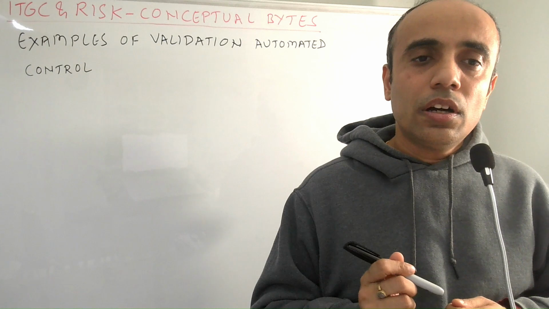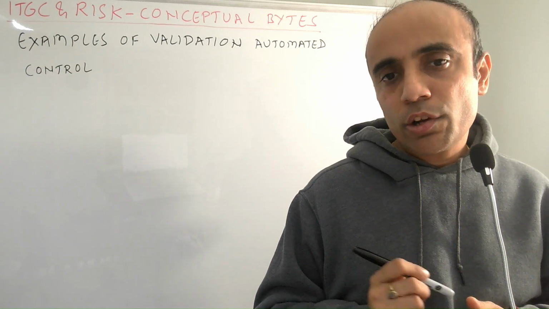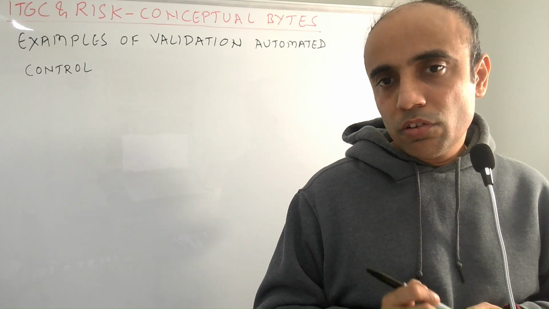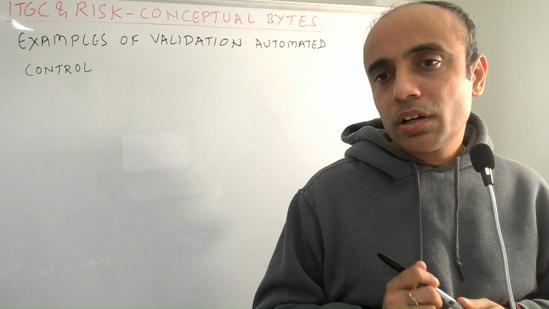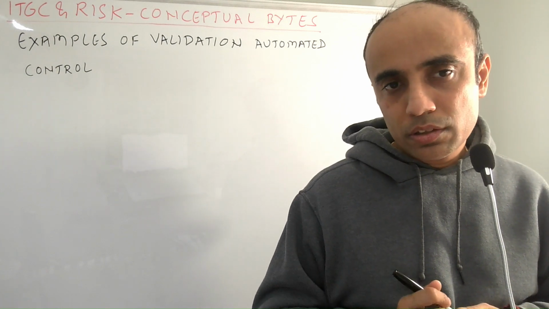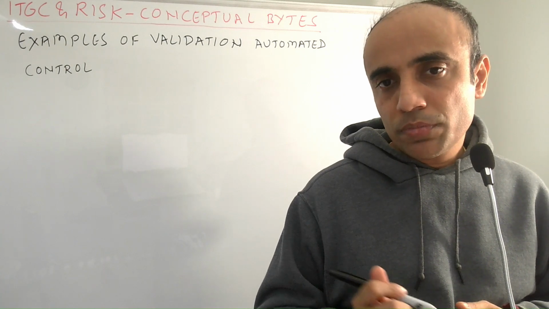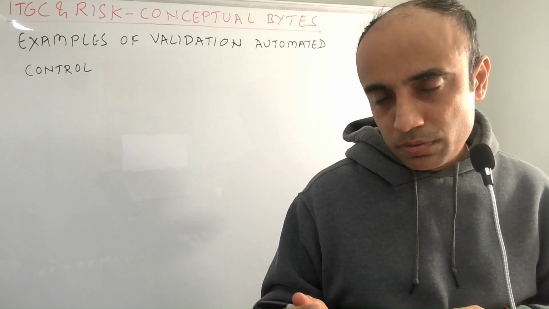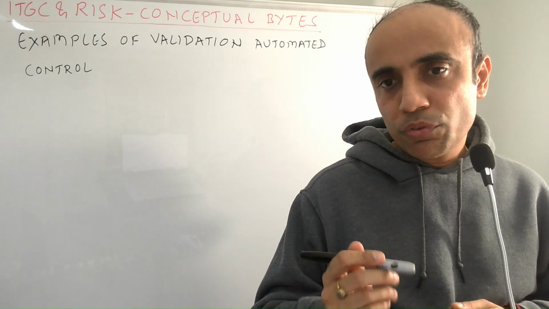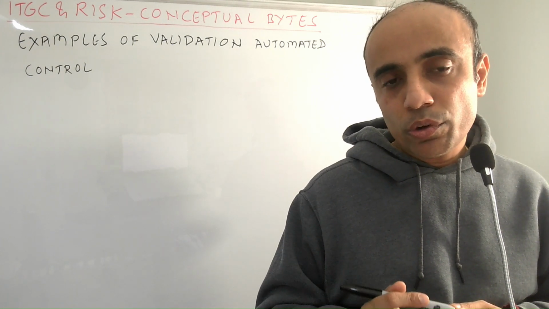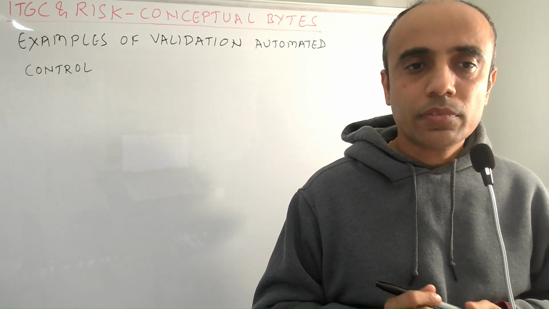Next, a financial reporting application validating data accuracy and completeness from interfacing systems to ensure correct regulatory reporting. So validation of data accuracy and completeness from upstream and downstream systems by a financial application before anything is reported to regulators. That's an example of a validation automated control.